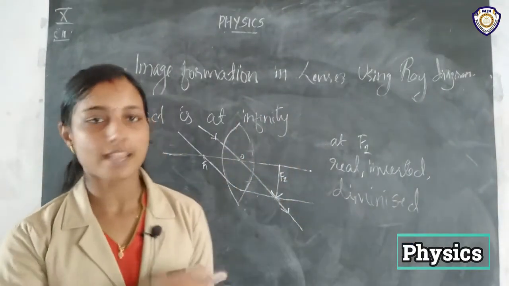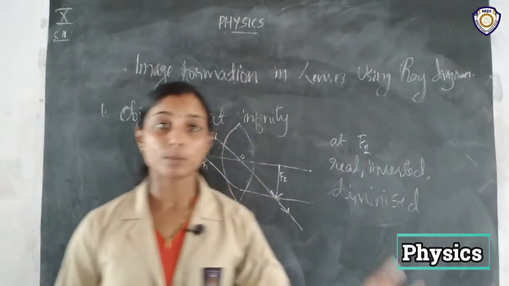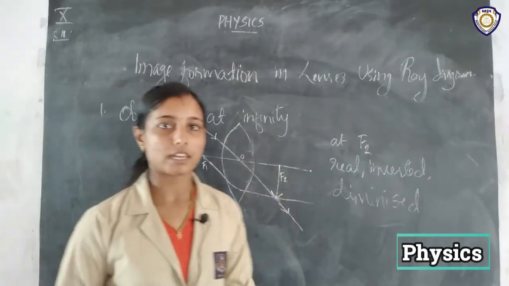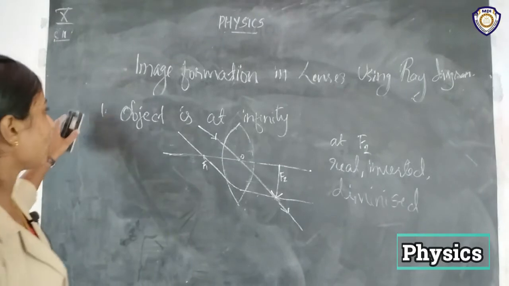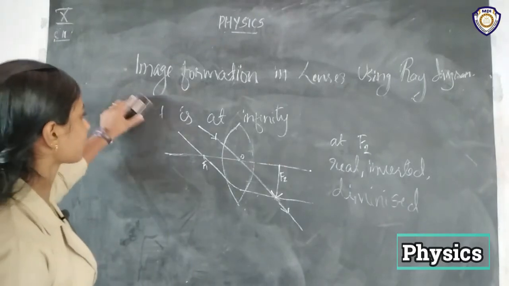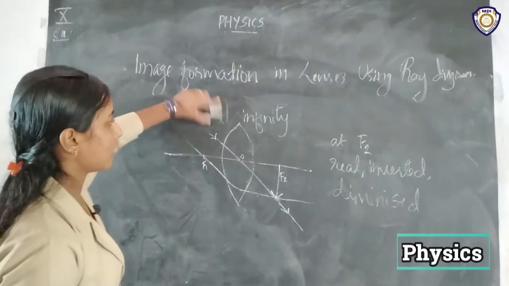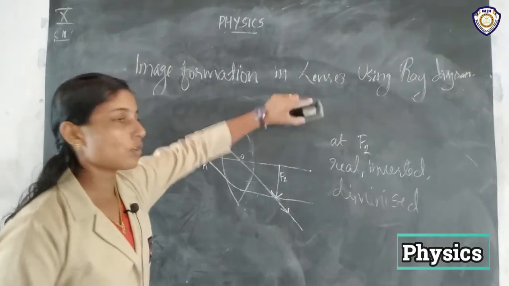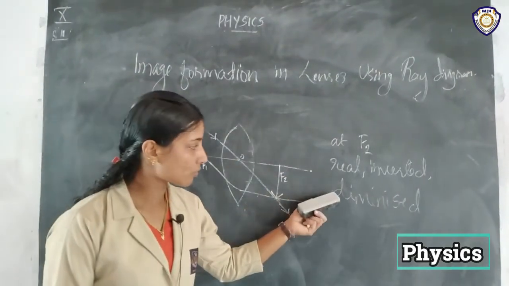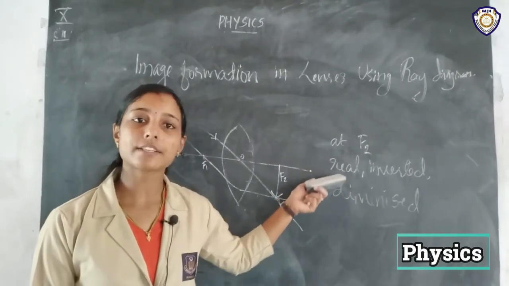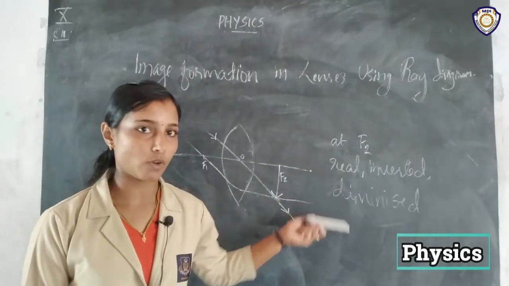That means a point-sized image is formed when the object is placed at infinity, right? So that is the first case. You should draw the figure as well as write the characteristics of the image formed, right?